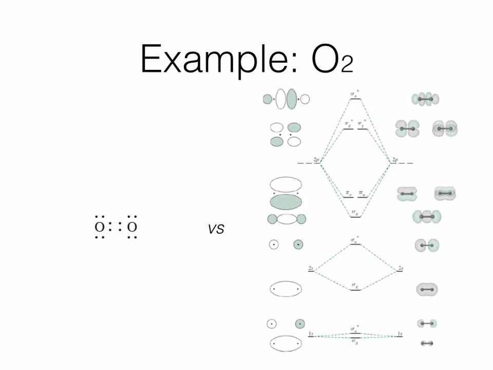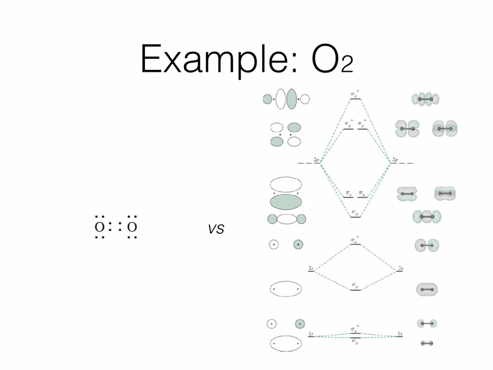In the Lewis dot structure, which is shown on the left, it forms 2 covalent bonds to make both oxygen atoms happy. That means by sharing 2 electrons to form 2 bonds, both oxygen atoms would have 8 electrons in their valence shell. So that's the structure of O2 in the conventional Lewis dot structure interpretation.